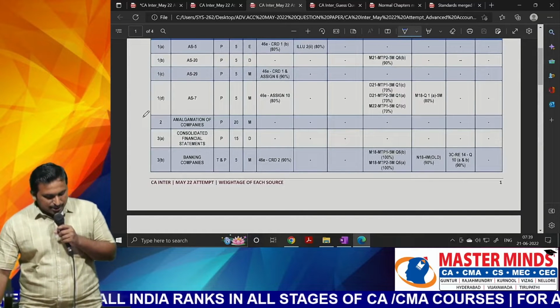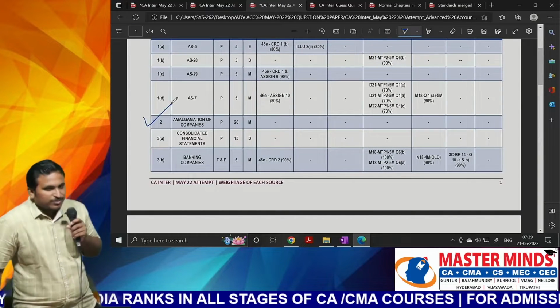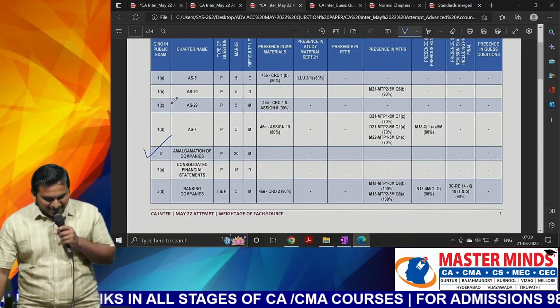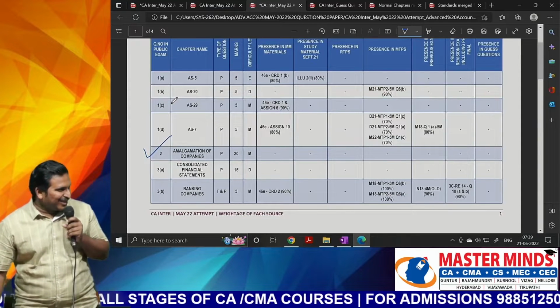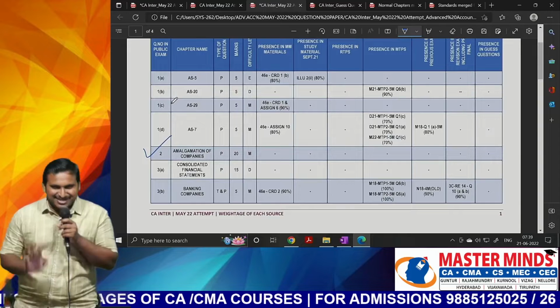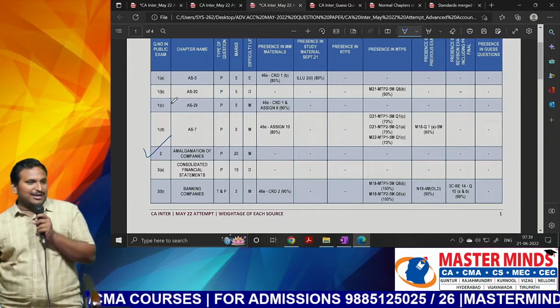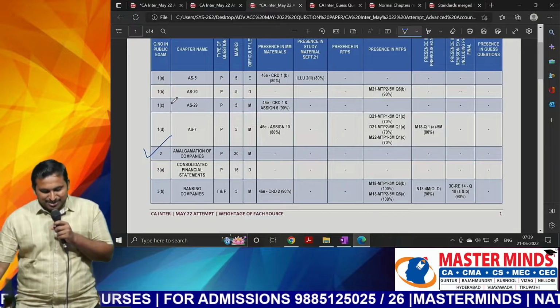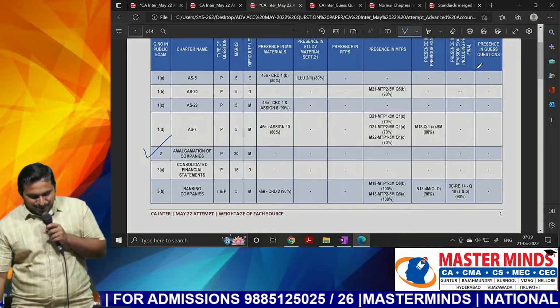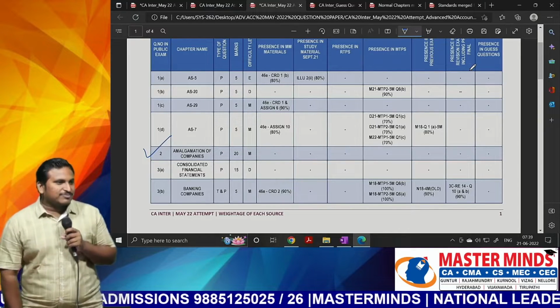This was question number 2. It was not covered in the study material, not in RTPs, not in MTPs, not in any of the sources we have.